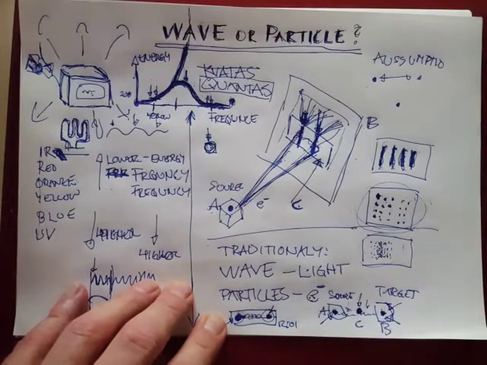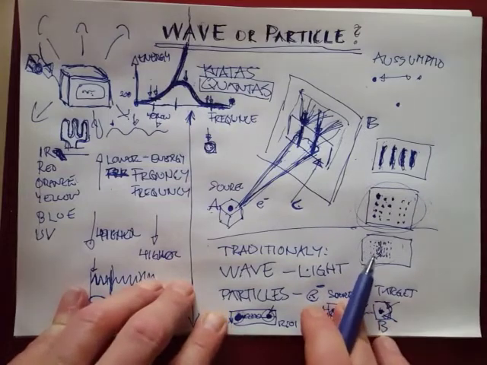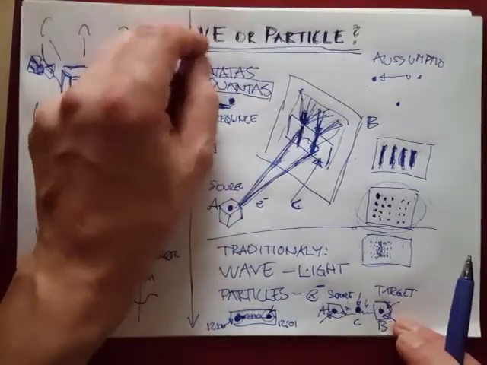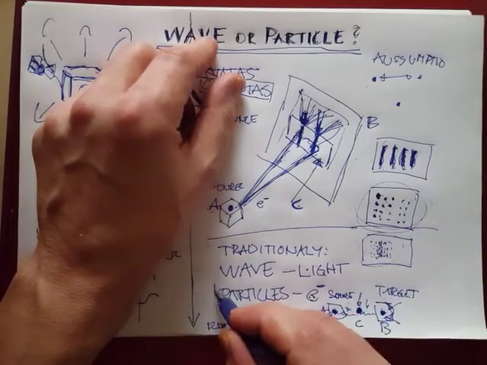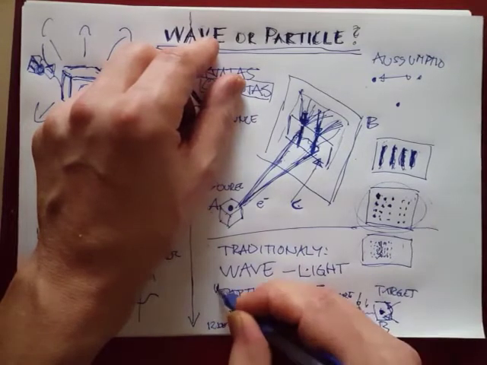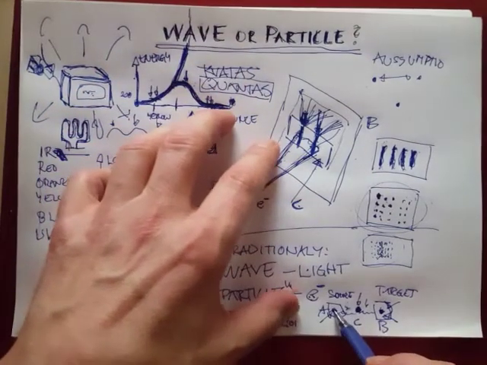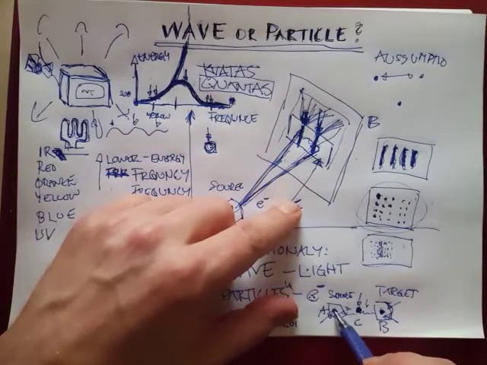So what we can say here is the following. Particles don't exist. What exists is an observation of something. That is, say, an event exists.